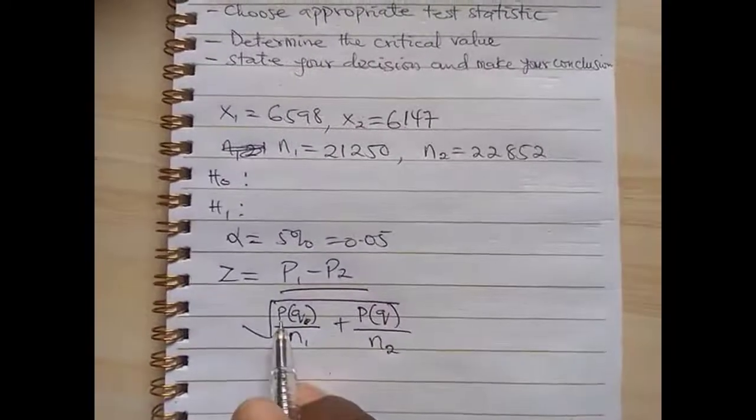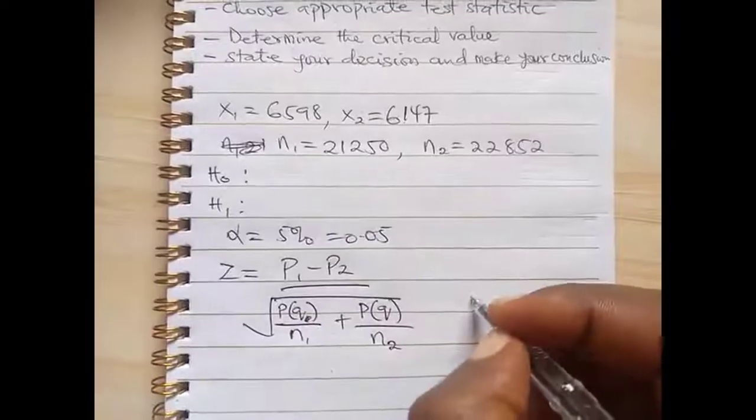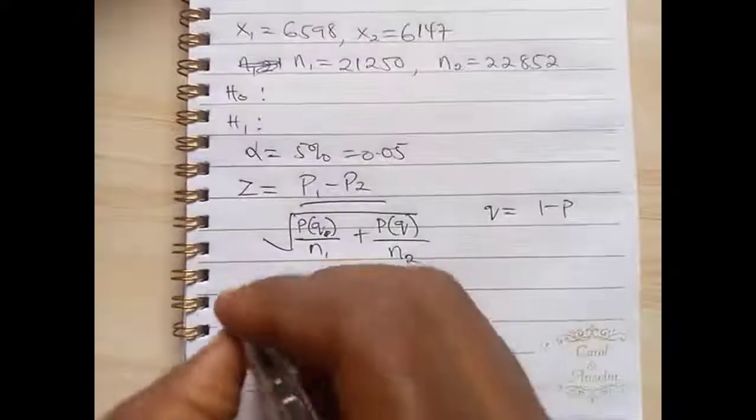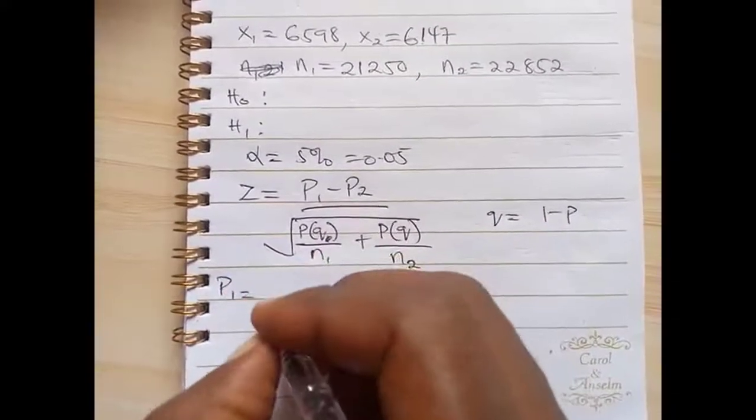So P is the probability of success, Q is the probability of failure, and Q is given as 1 minus P.